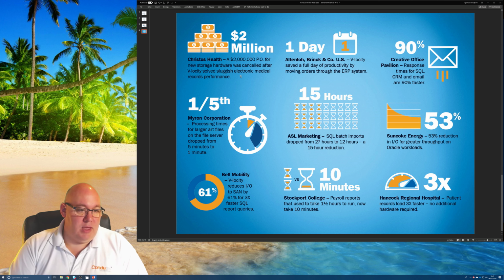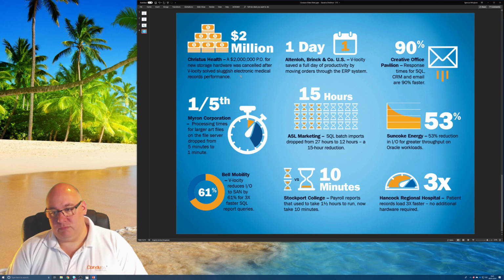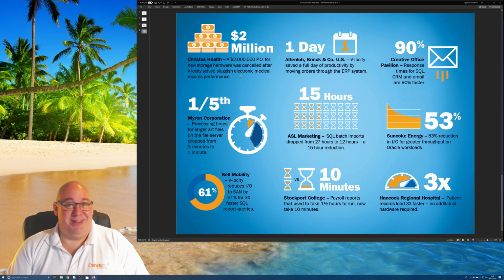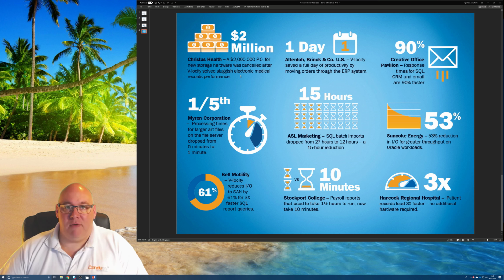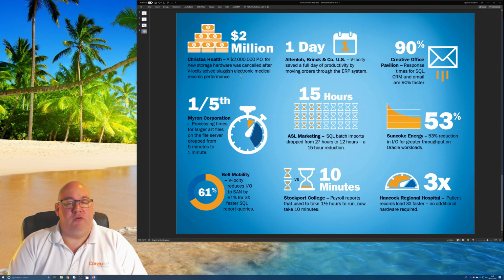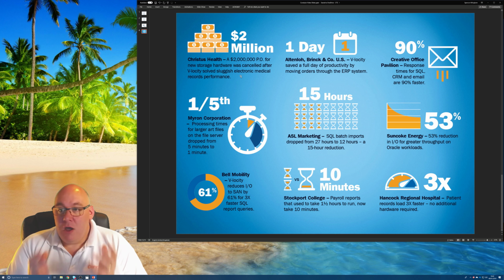Now, of course, the storage manufacturer was a little upset, to say the least. But the good news for them is that they actually are going to place that order at some point, but they've been able to defer that capital investment for a number of years because they've got extra life now out of the storage hardware that they already own, which is great for everybody, really.